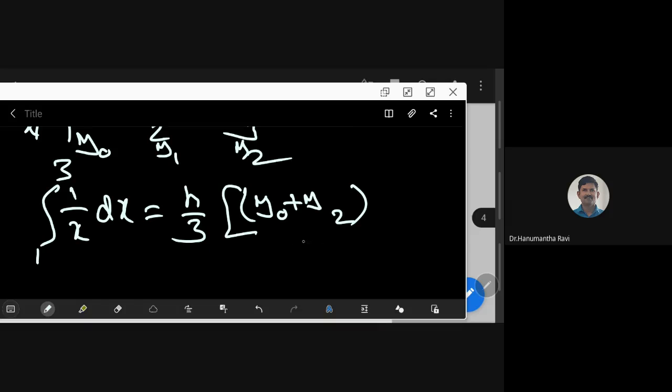Then you have only one odd term, with subscript 1, so you need to take 4y1. That's all. There are no even terms between y0 and y2, so one need not collect that.